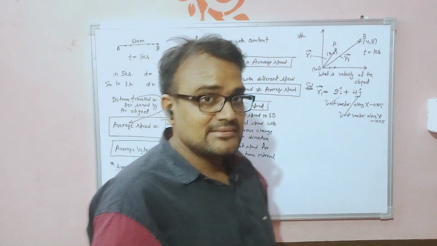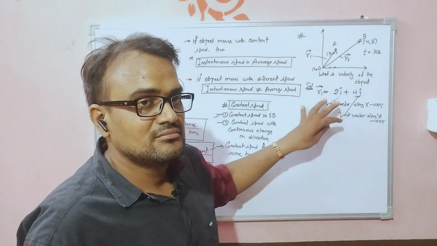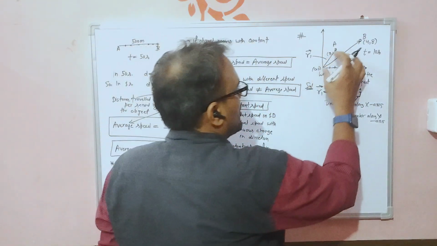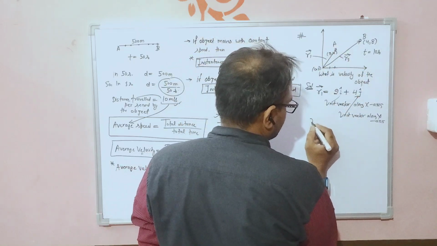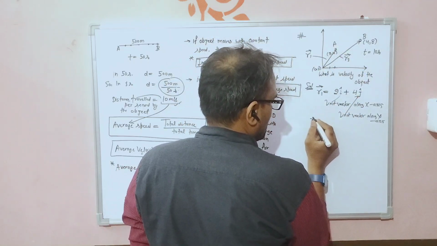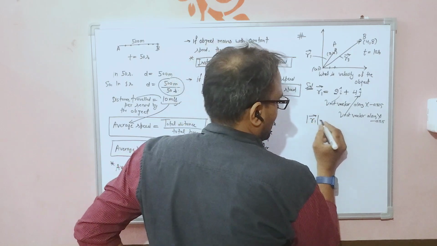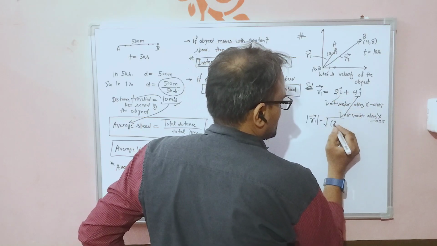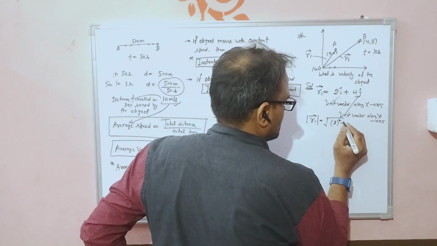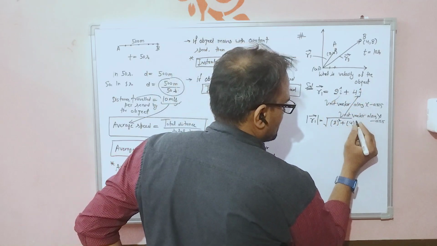Now the next task is to calculate the magnitude of this, right? Magnitude means how large this distance is. For this, I will put r1 within the mod sign and take the square root of the sum of squares of the position coordinates, right?